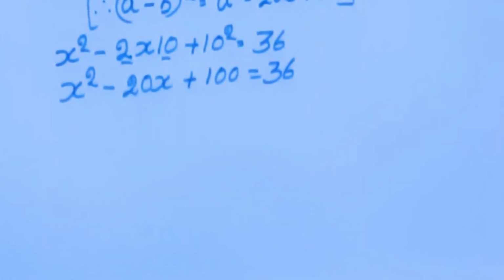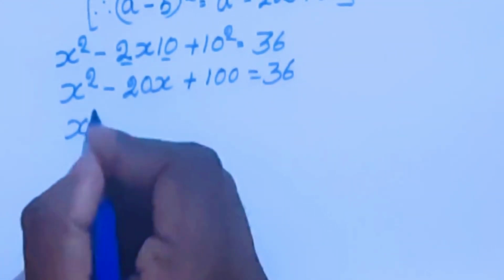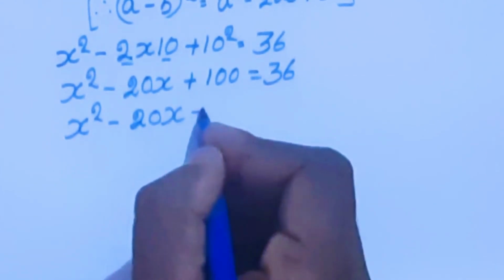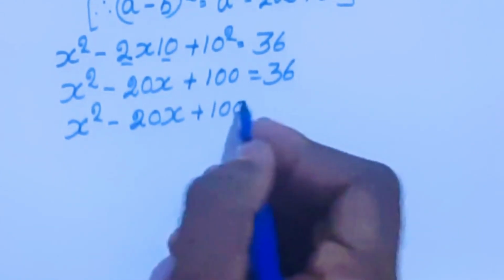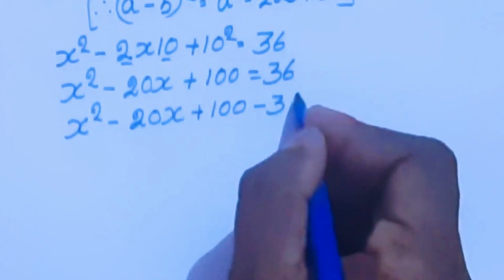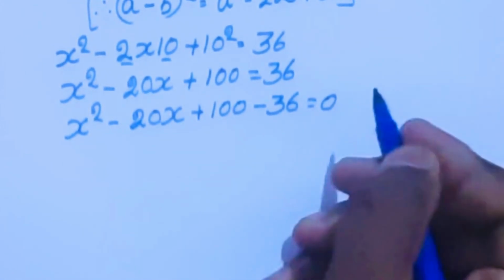Now x^2 - 20x + 100, we are moving this 36 to the left hand side, so -36 = 0.